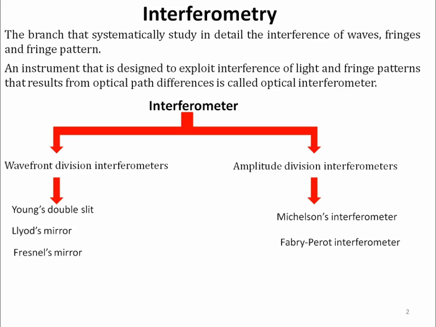So for example, we have seen in our previous classes that interference effects produced because of the light coming from different parts of a thin film lead of course to interference effects, and those interference effects come under the category of the amplitude division method.